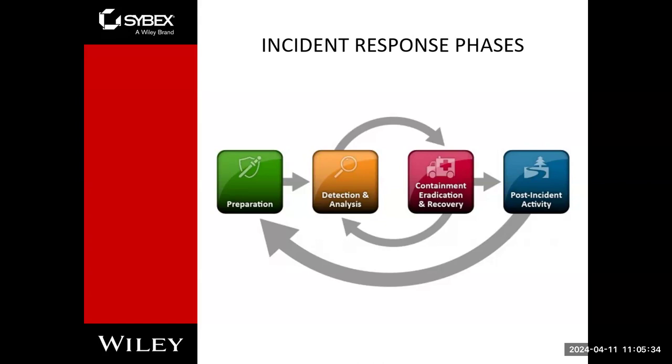The preparation, everything that goes into that, works up to being able to detect the event. Containment, eradication, and recovery. This is the key component of the incident response team. Post-incident activity is where we'll do lessons learned and postmortems and figure out what we did right, what we did wrong, what we could do better, and then we go back into the preparation phase.